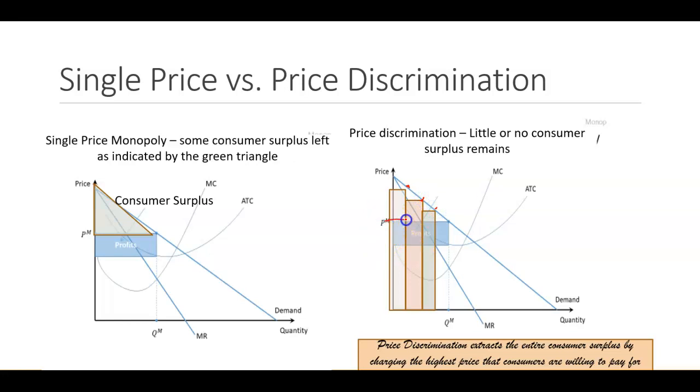So whereas PM might be the single price monopoly strategy, if a product can be segregated, for instance, again, airline tickets, if there's somebody out here who's willing to pay a lot more for first class business tickets, the airline is happy to charge them that.